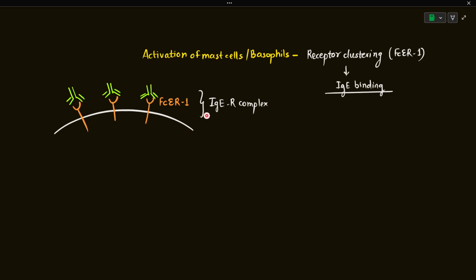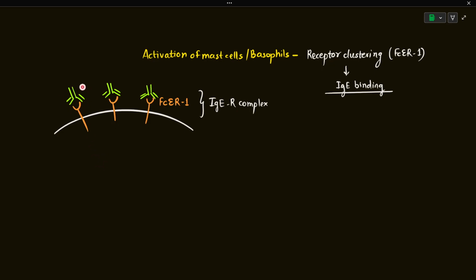One of them binds to the receptor, forming the IgE receptor complex, and the other binding site is going to interact with the IgE antibody which is already bound to a receptor. This phenomenon is known as cross-linking. Let me explain it again. The IgE antibody will come and bind to the Fc epsilon R1 receptor.